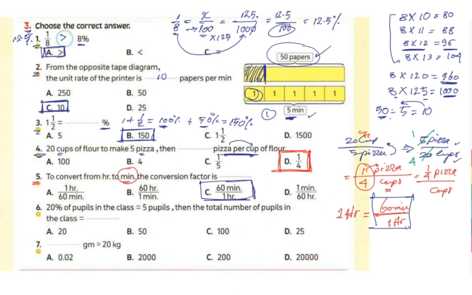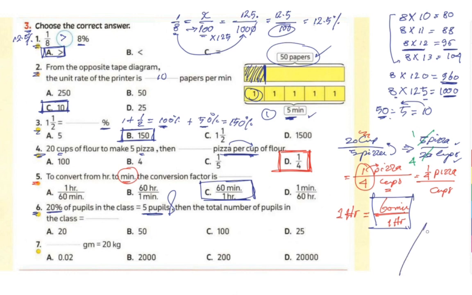That's it. Next question. 20% of pupils in the class equals 5 pupils. That's important here to understand what he said. He says that 20% equals 5. Is 5 pupils the part or the whole? That's the part.